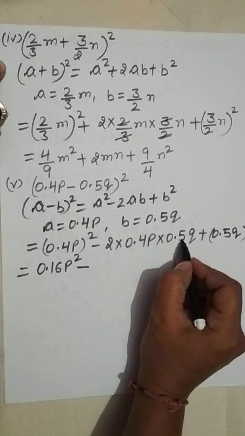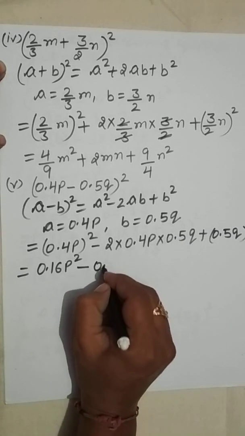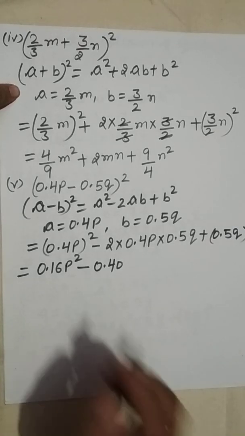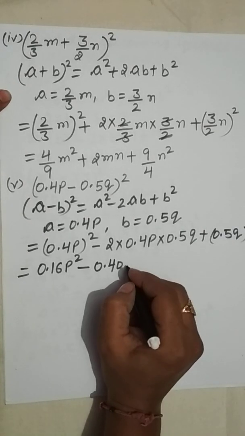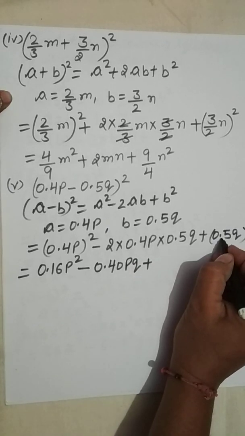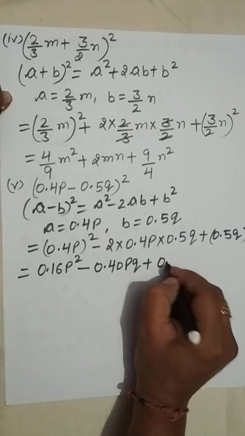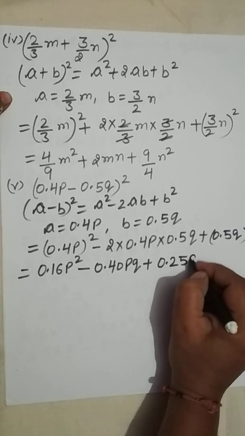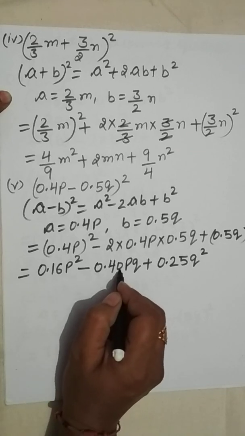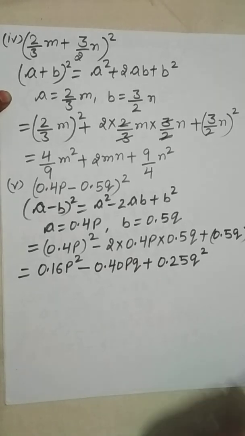There are two digits after decimal, so it is 0.40, or it can be simply written as 0.4 PQ plus 0.5 multiplied by 0.5 is 0.25 Q square. 0.16 P square minus 0.40 PQ plus 0.25 Q square is the answer.